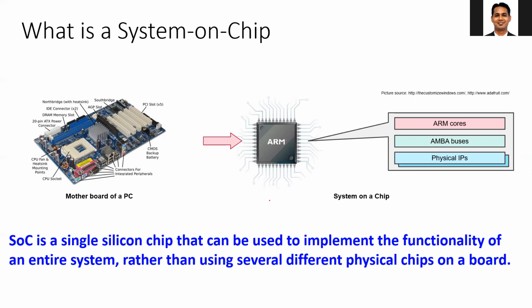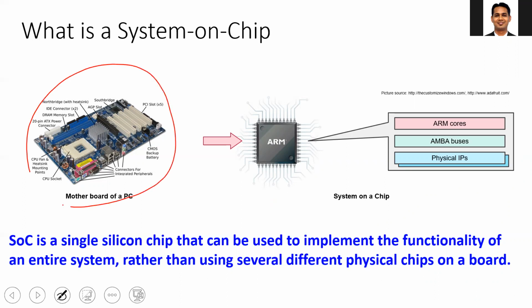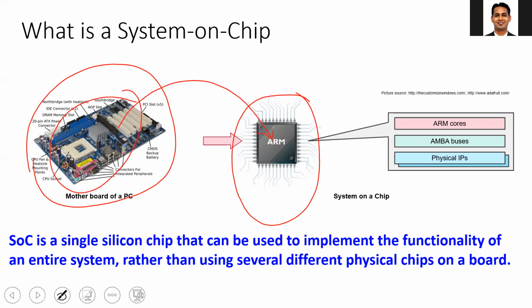For example, on the left hand side you can see the system on board, where you have multiple chips connected together via external interfaces. On the right hand side you see the system on chip, where the entire functionality is mapped inside the chip. You don't have external connections or multiple chips.